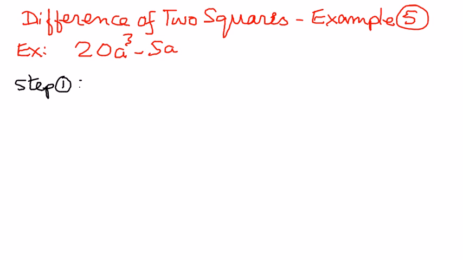Step number one. By looking at this 20a cubed minus 5a, in both these terms, 20 is a multiple of 5 and a cubed is a multiple of a.